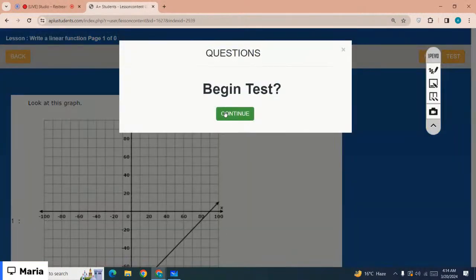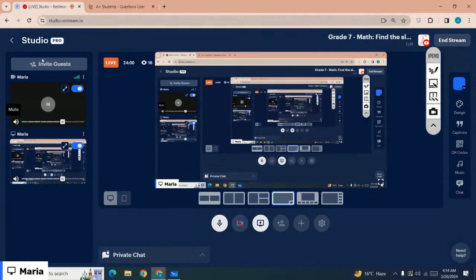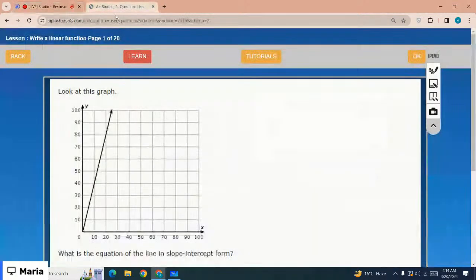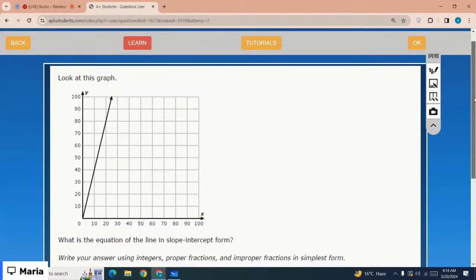Okay, let's just start with the test questions. Look at this graph. What is the equation of the line in the slope intercept form?